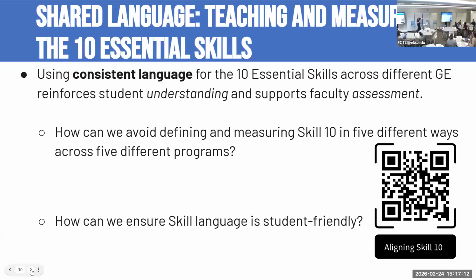So we have a handout here. We want to use consistent language. How do we do that? So again, skill 10 is use information for decision making. How can we do that in a consistent way? How can we get consistent language? And how can we also ensure that the skill language is student friendly?